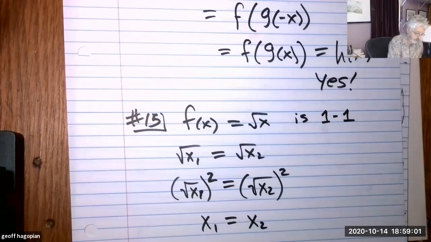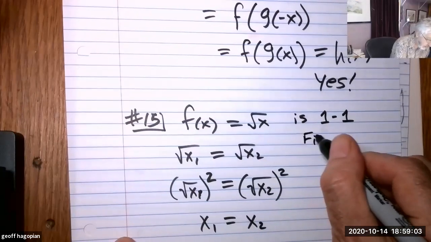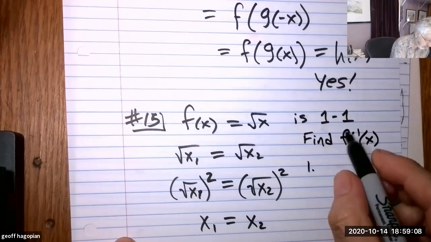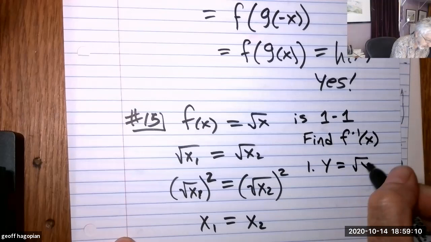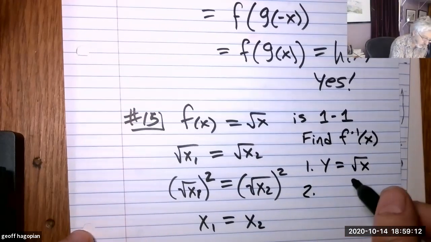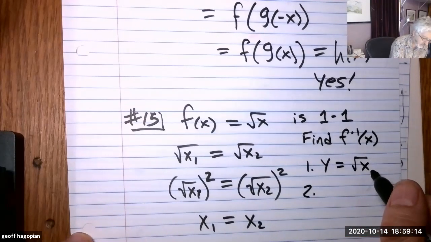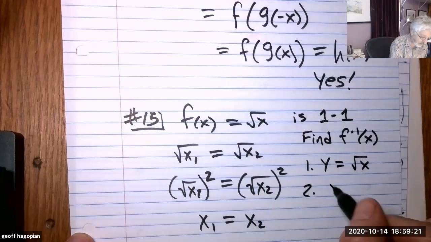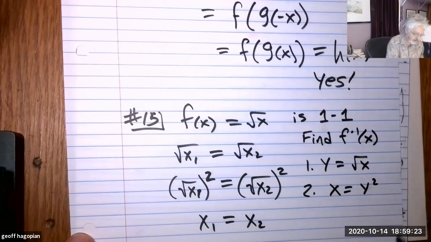So what's the inverse function? So find a formula for the inverse function. So step 1 was to write y equals the square root of x. Step 2 is to solve for x. Well, here you have to be careful, right? How do you solve for x here? Well, x is going to be y squared, right?